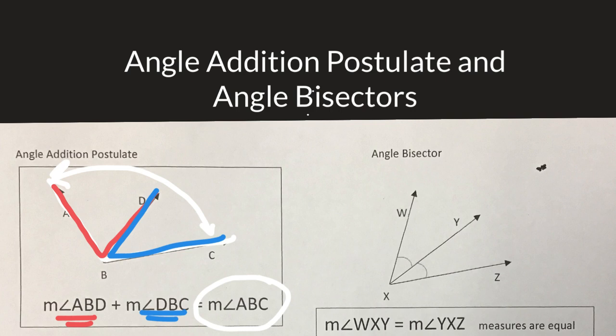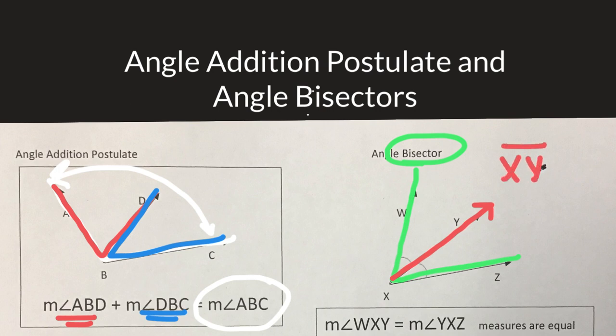Now over here we have the angle bisector. You have to be told in the problem that your angle is being bisected, so we're going to look for that vocabulary word. What does a bisector do? It cuts it into two equal parts. If we know that ray XY is a bisector, that means it cuts your angle into two equal parts.